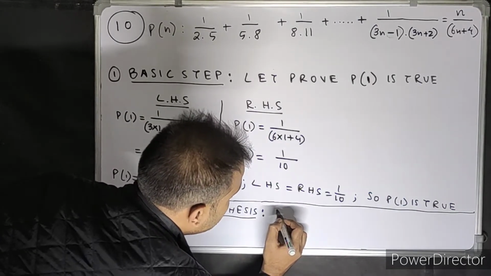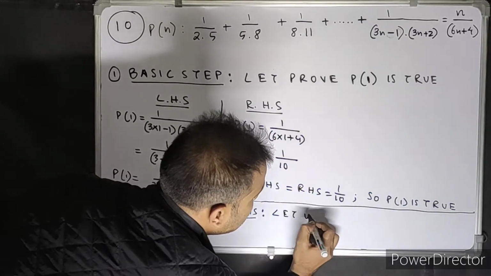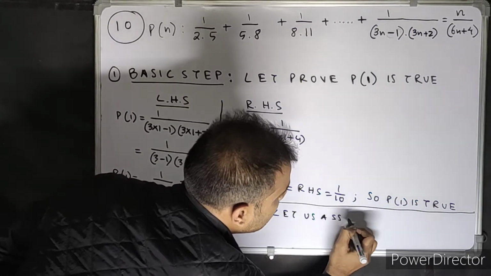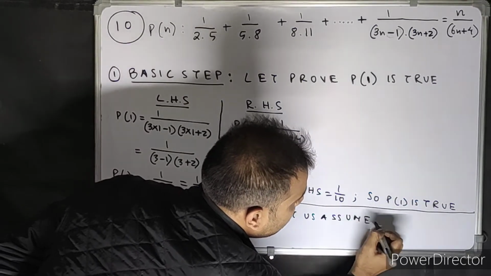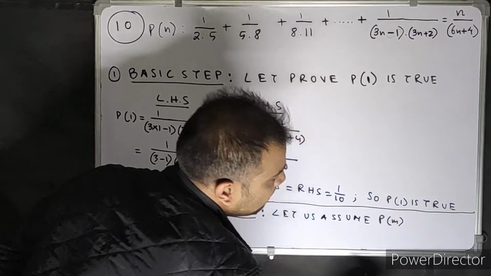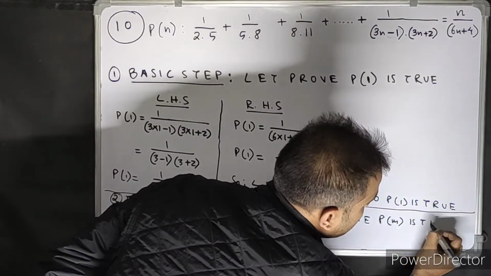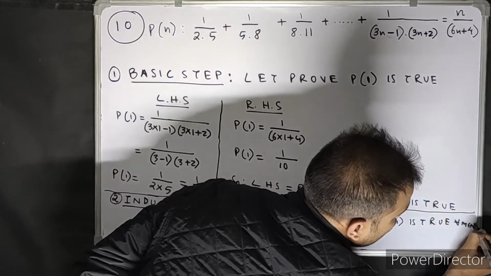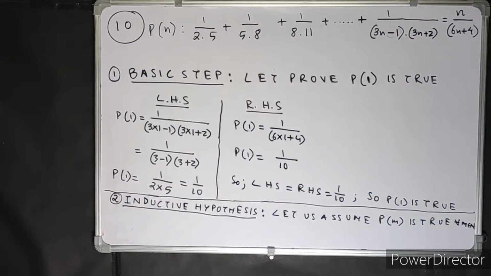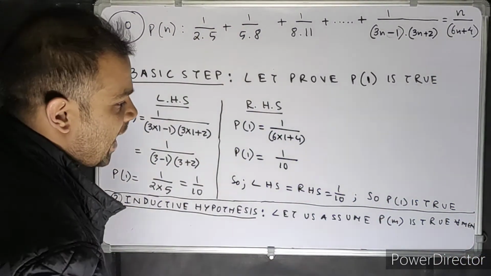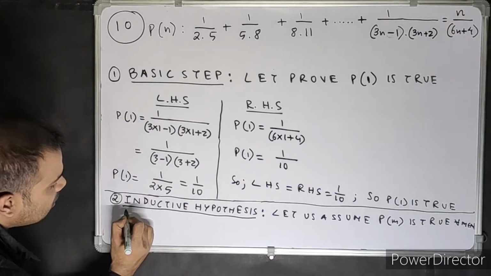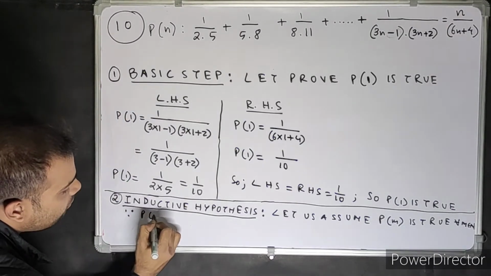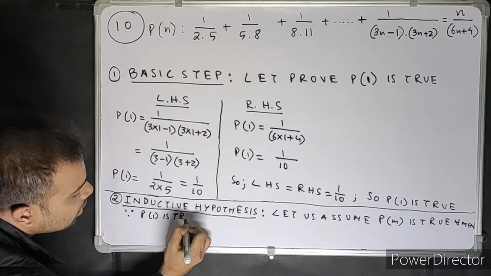So let us assume P of m is true for all m belonging to natural numbers, since P of 1 is true.